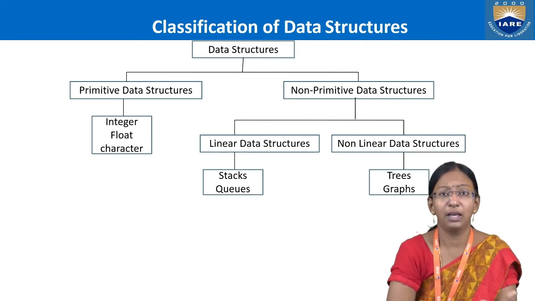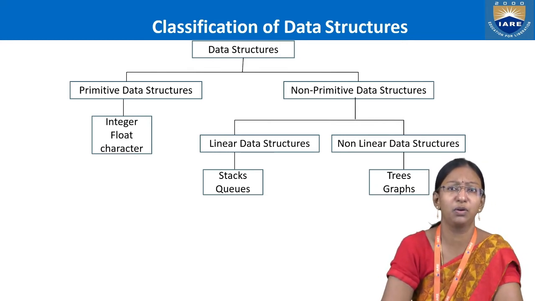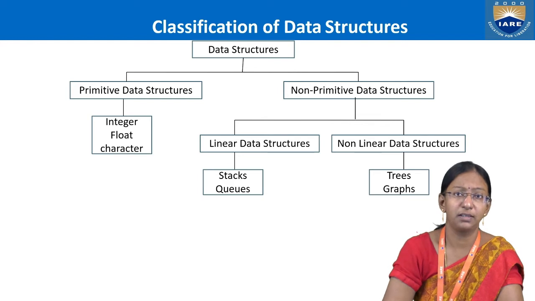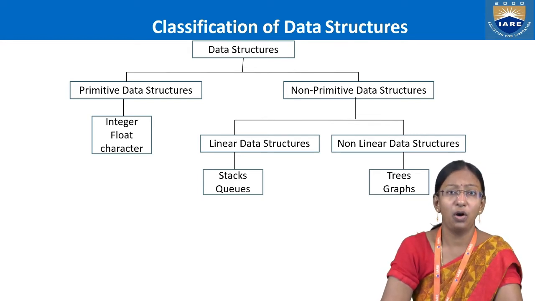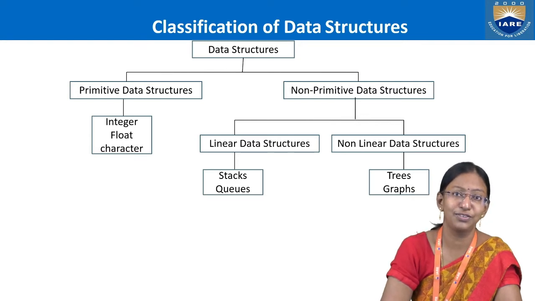They are broadly classified into linear and non-linear. Linear data structures are those where data is stored in continuous memory locations; examples are stacks and queues. Non-linear data structures are those where data is not stored in contiguous memory locations; examples are trees and graphs.